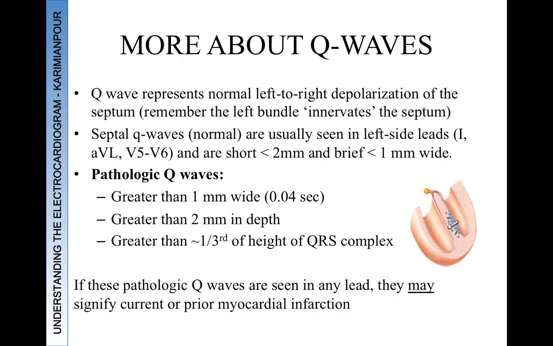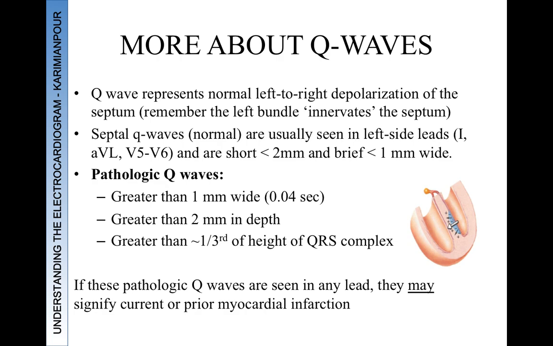So let's talk more about Q waves. I mentioned that whenever we have a lowercase q, it means that it's normal, and when we use an uppercase Q, it means that it's abnormal, except in this situation, at the beginning of a sentence, where it's capitalized grammatically. A Q wave represents normal left to right depolarization of the septum.